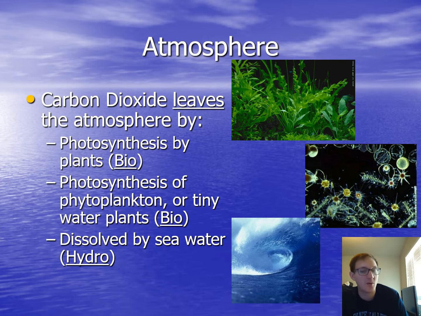And when I was talking about there's an exchange between ocean water and the atmosphere, this is what I'm talking about. So not only does the atmosphere get carbon dioxide from the ocean, the ocean also takes some of the carbon dioxide from the atmosphere as well. So there's an exchange there. And we'll talk about the numbers here in a little bit about how that all works.